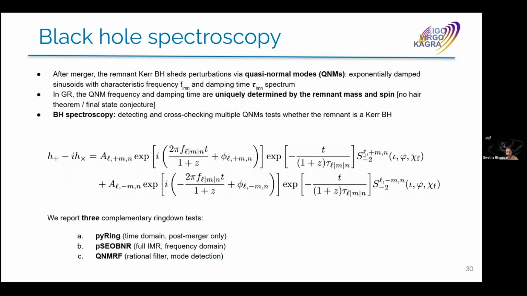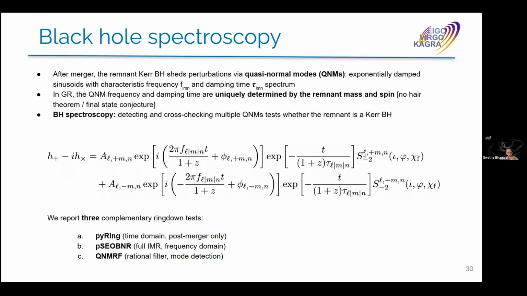After merger, the remnant perturbed black hole sheds its perturbation through a set of quasi-normal modes, or QNMs, which are exponentially damped sinusoids. Each of these is characterized by a frequency f_lmn and a damping time tau_lmn. The key prediction of GR is that these frequencies and damping times are uniquely determined by just two numbers, the mass and the spin of the black hole.